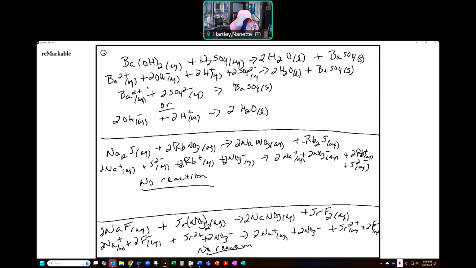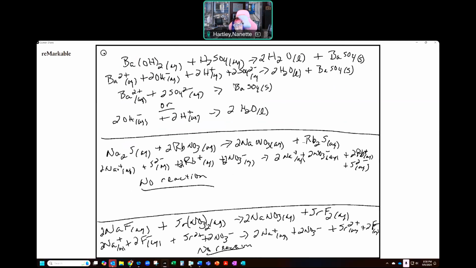There are 2 net ionic equations for this. Ba2+ plus SO4 2 minus going to BaSO4 solid. That's 1, so the formation of the solid. Or the 2OH minus plus the 2H plus going to give 2H2O liquid. Either one of those is interesting chemistry. It depends on which perspective we want to focus on. That will determine which one we choose.